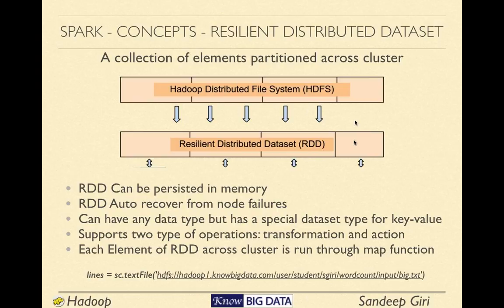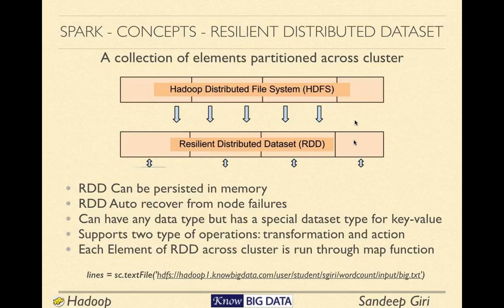The first step in Spark also is to load the data, and load data means creating the resilient distributed dataset. The way we say in Pig, X equals load some file, it means X is a dataset which we have just loaded. In a similar fashion, when we start working on Spark, in the beginning we have to load our data into a resilient distributed dataset.